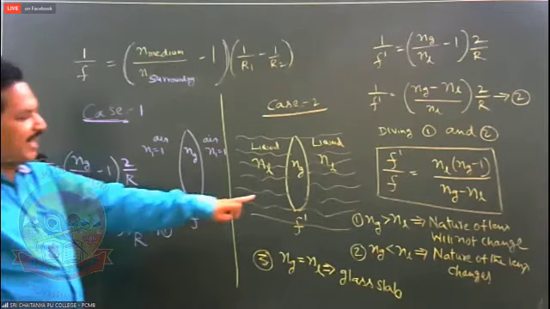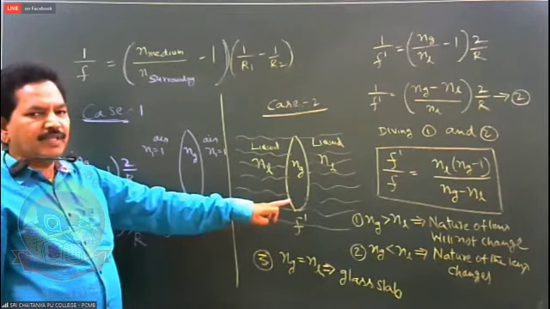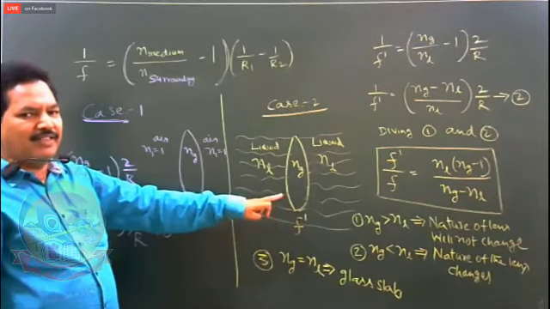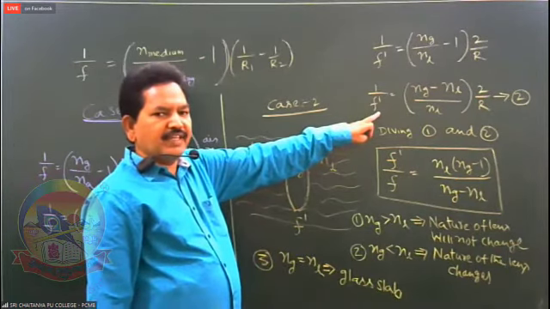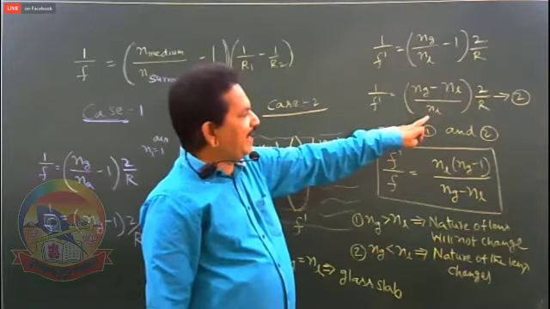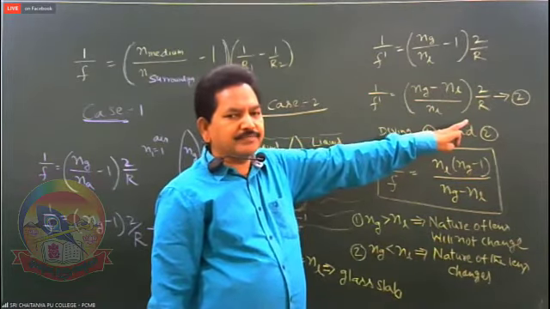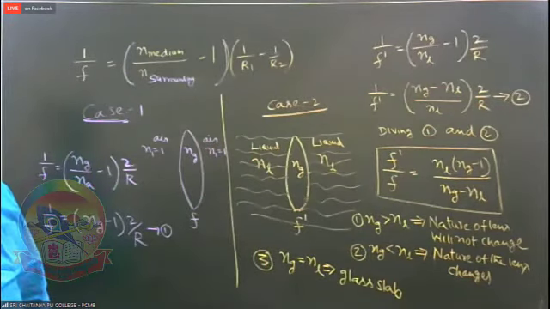When the same lens is dipped inside a liquid, what is its focal length formula? By the lens maker's formula, 1 by F dash is equal to Ng minus NL by NL into 2 by R. Dividing those two, I will get the shortcut formula.